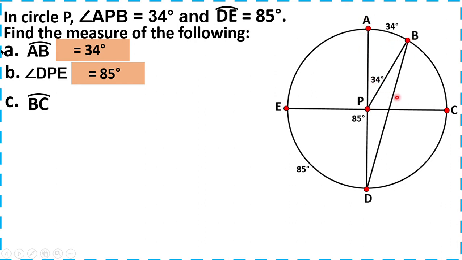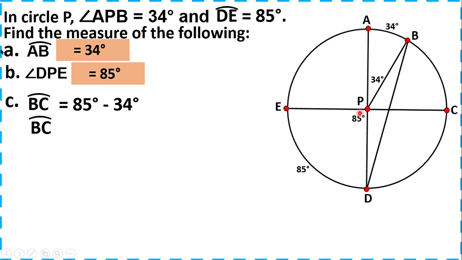So, pag 85 degrees to, then yung angle APB na part nitong angle APC ay 34 degrees. So, what is the measure of this part? What is the measure of angle BPC? So, kunin muna natin yung measure ng angle BPC before we can find the measure of arc BC. So, since 85 degrees to, so they form vertical angles. So, ibig sabihin, subtract lang natin yung 34 from 85 degrees. So, 85 minus 34 degrees.